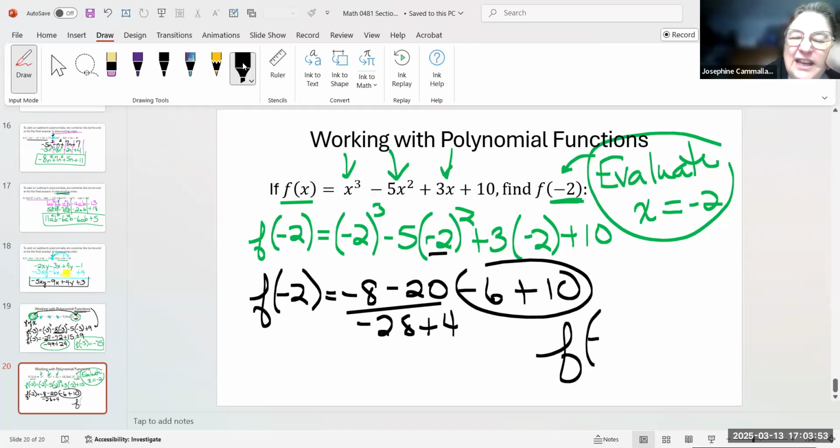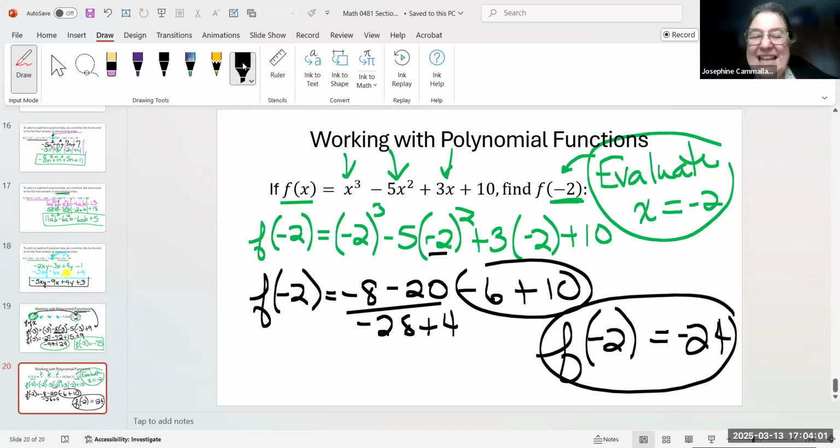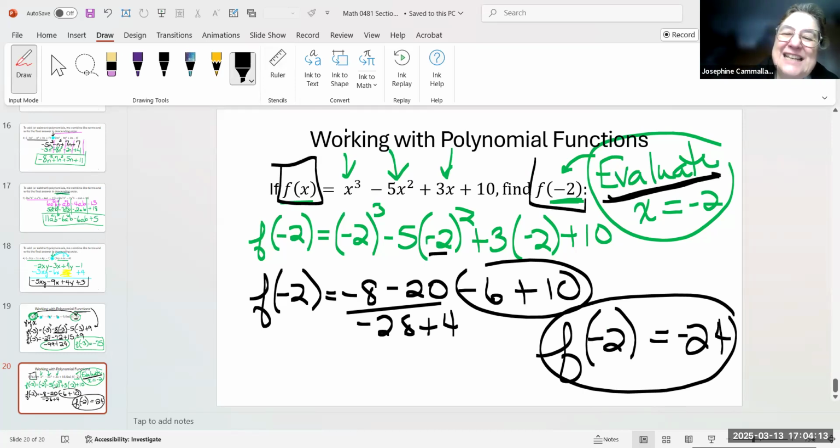My answer is f of -2 is equal to -24. It's a symbols game. I either use this word and say x is equal to -2, or I write it in symbols. Means the same thing.